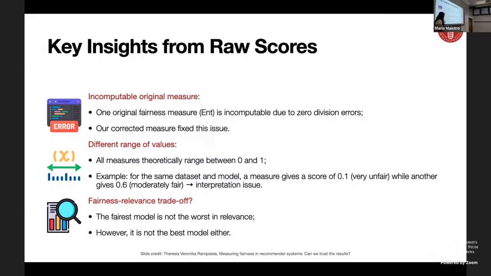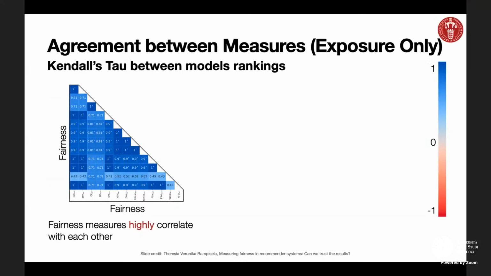And what we found is that the best model for fairness is not necessarily the worst in relevance, and the best model for relevance is not the worst in fairness. So there is a kind of trade-off, but it's not always the case that if you increase fairness, the relevance has to decrease, which is an implicit assumption out there in the literature.